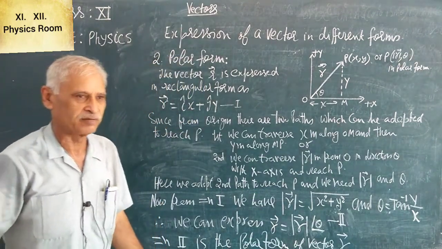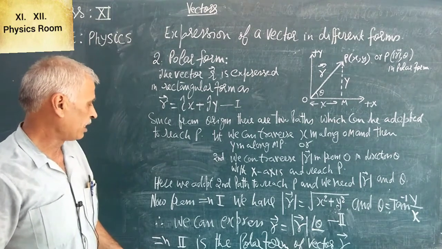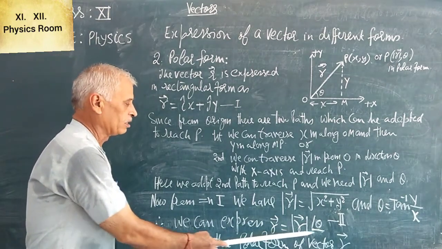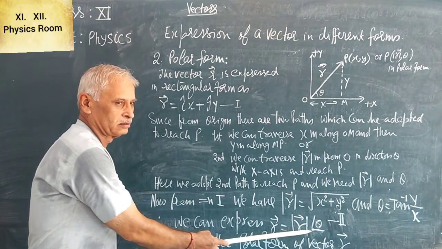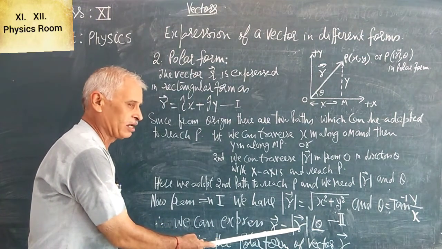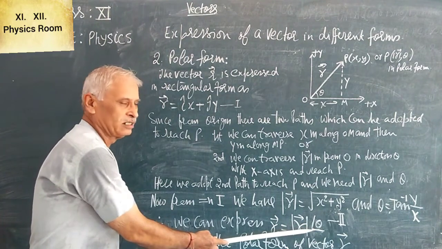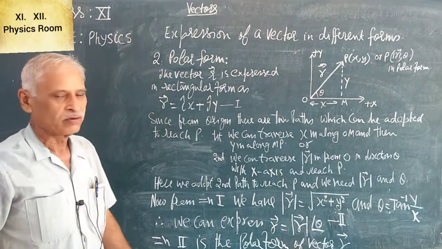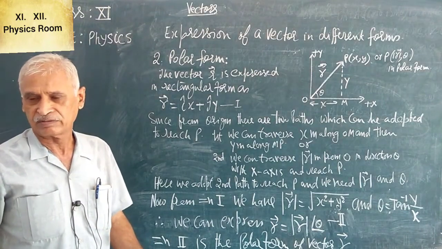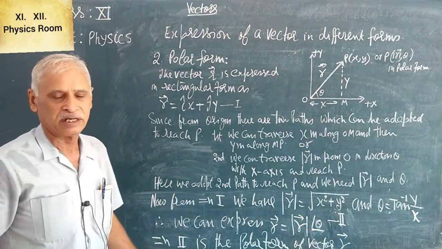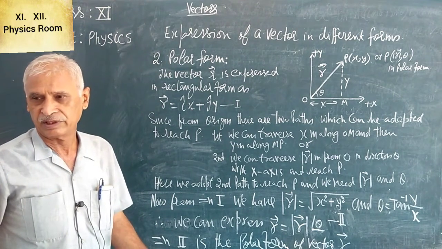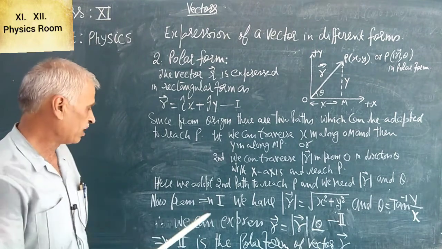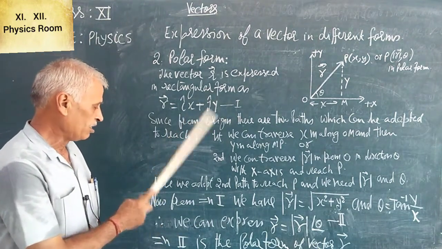So we write vector r as mod r angle theta: magnitude and direction separately. To reach P, we must know the magnitude of the vector r and the direction theta with the positive x-axis. This is how we express the same vector r in polar form.